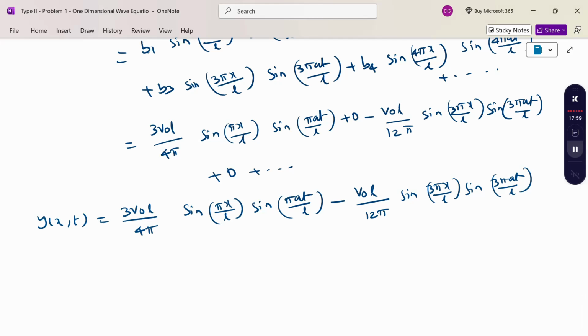Now this is your final solution. If any common factor or LCM can be taken out, take it here; otherwise you can stop at this point. So this is your final solution, y(x,t).